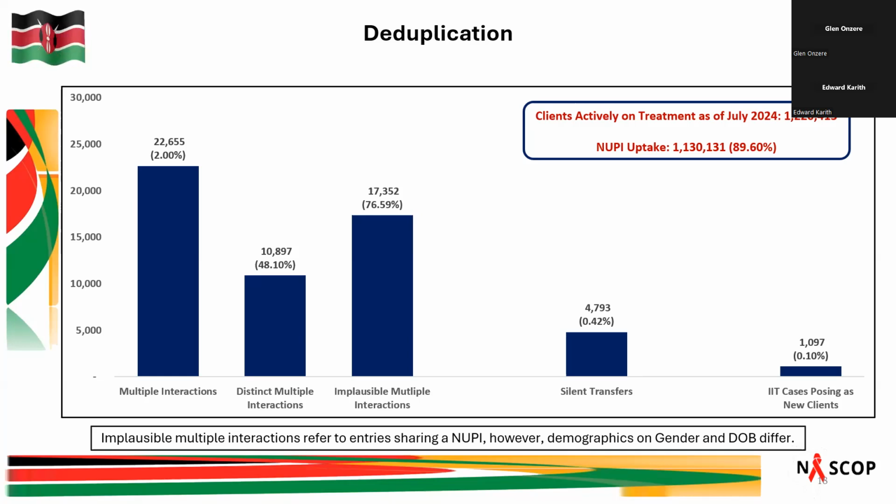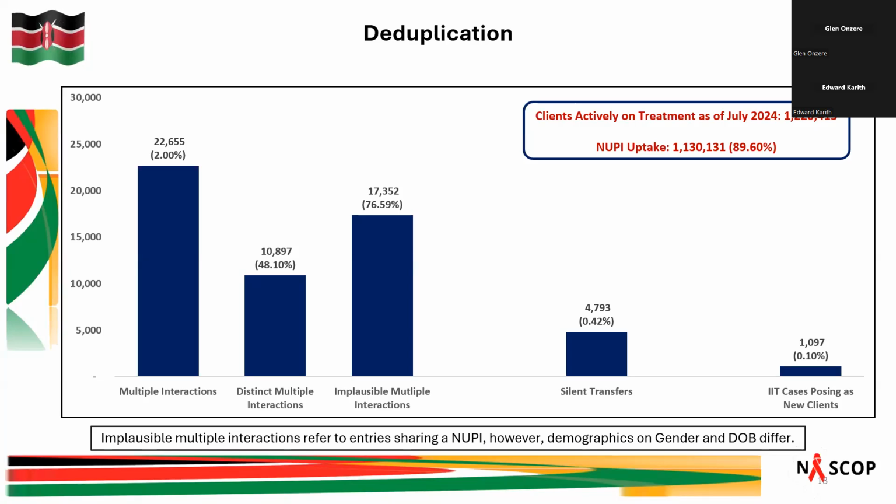Thus we had 17,352 interactions which were implausible, meaning they had the same NUPI, but their age or gender differs.